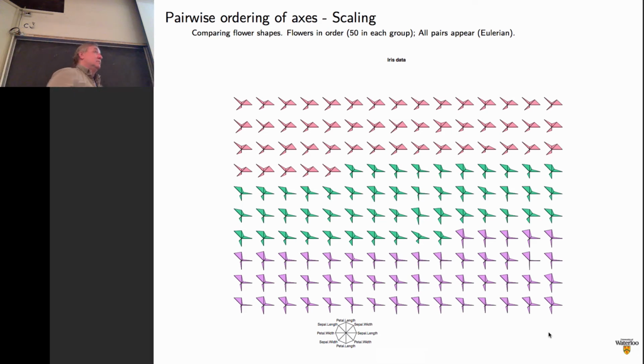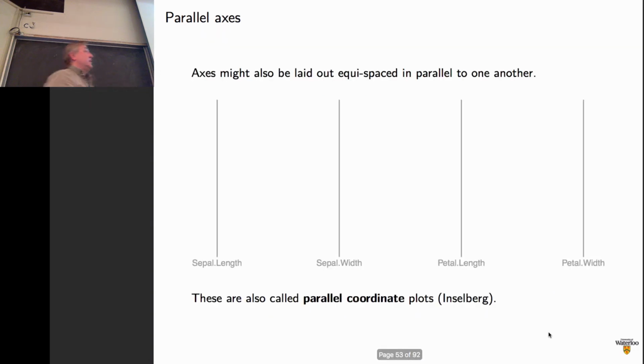An alternative is to lay these out across the page or the screen as parallel axes and do the same trick. Just find where each point is located, its value on each of these variables, and connect them. This is called a parallel coordinate plot, and it's a very popular visualization.